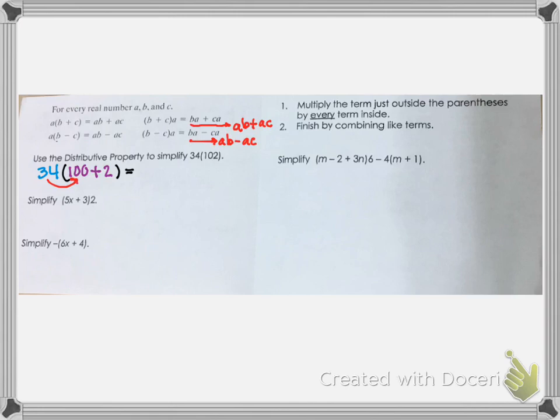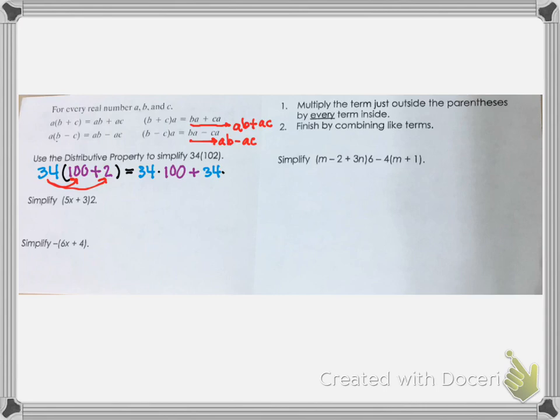So this is a good way to do a mental math problem from larger numbers, is to break it down into 2 smaller problems. So we're going to get 34 times 100, and then we're going to get a plus, and then we're going to be multiplying 34 times the 2. Now, I like to draw those little arrows to remind myself what I'm supposed to be multiplying so that I don't forget about anything.